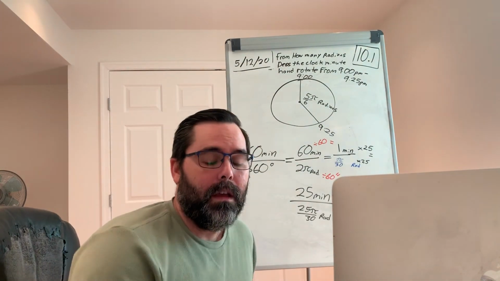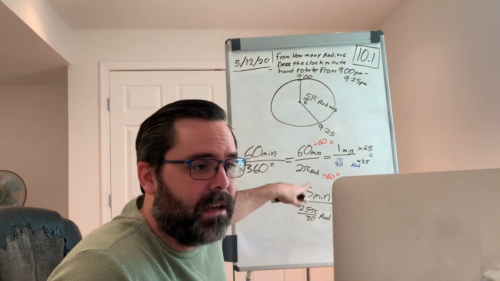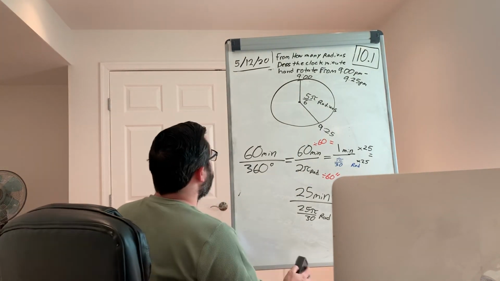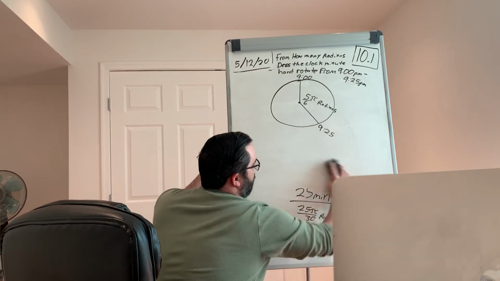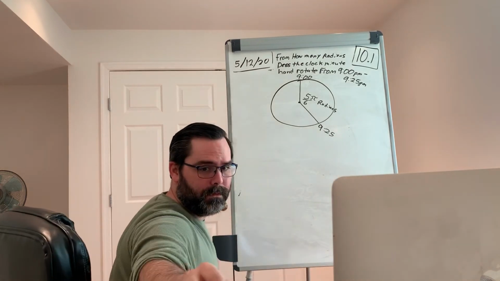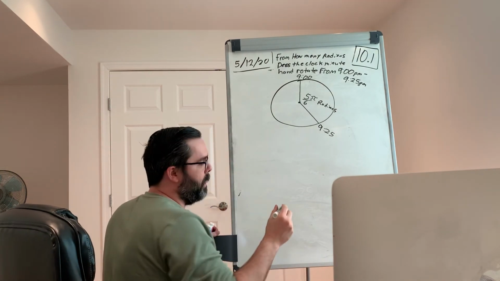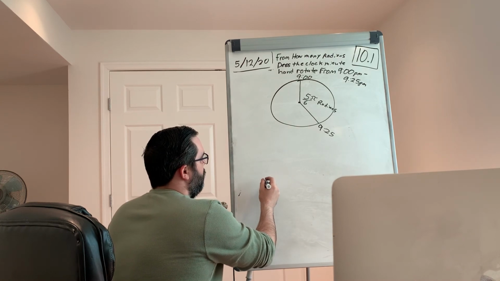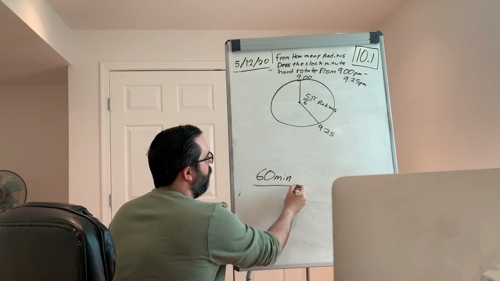Okay, now, there is a shorter way to do this, but I wanted to show you exactly all my conversions here. Okay, here's the shorter way. 60 minutes is how many radians?